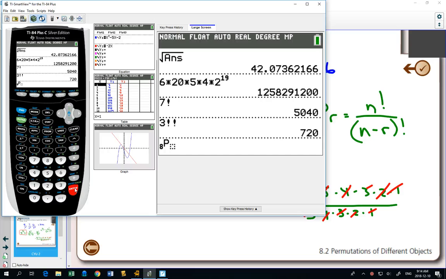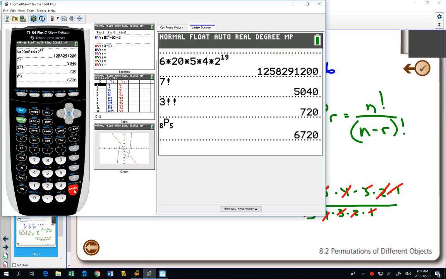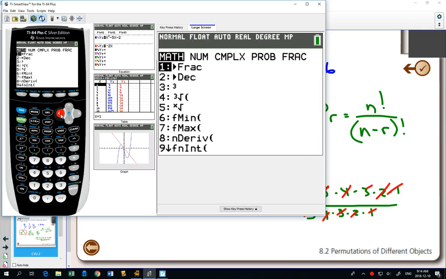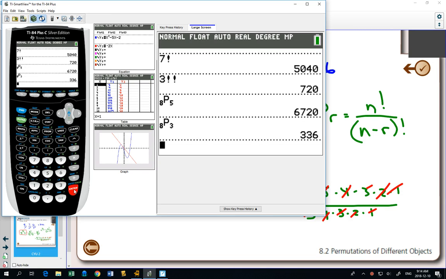You push that, it puts the first number in. 8P5. Oops, it was 8P3. 8P3, 336.